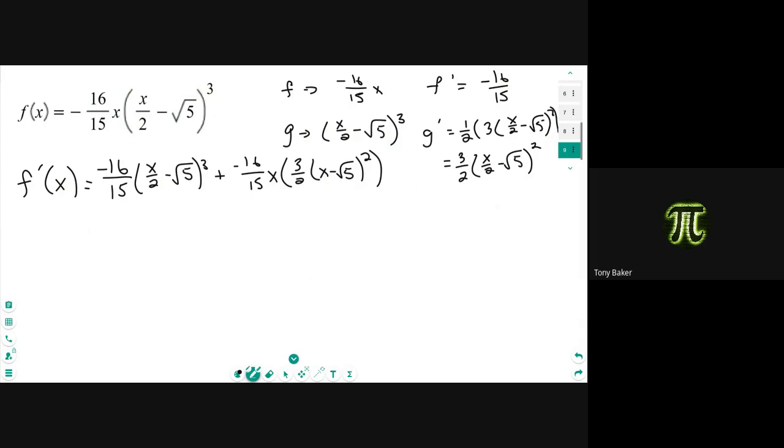Now, this is definitely one of those ones that you are going to want to clean up a little bit before you do the second derivative. So pull out what I can that's the same. And then what's left?